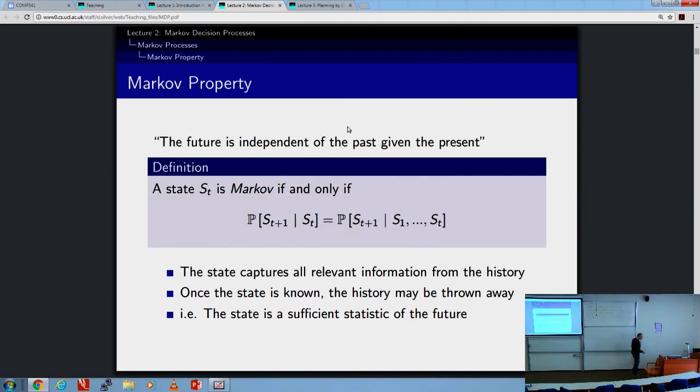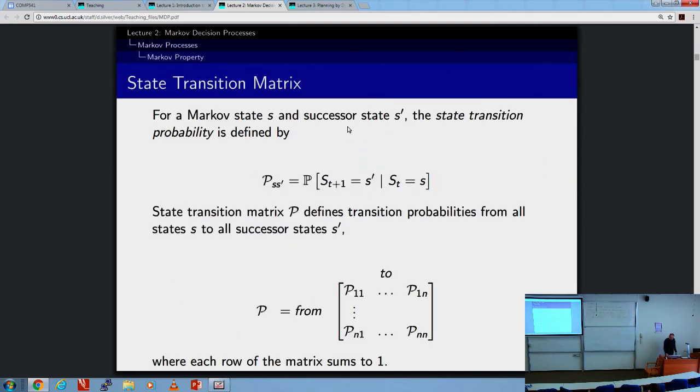Basically, as input, I give you this matrix. Right, so this is the state transition matrix. There's a finite number of states n. And the ij-th entry of this matrix gives you the probability of going from state i to state j. So that's all you need to know about this type of system.